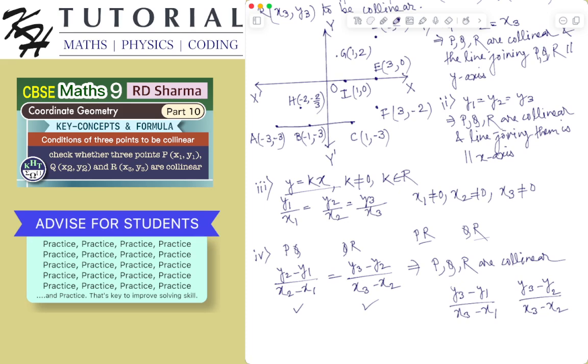If you join them, they will all lie on the same line, which will be parallel to the y-axis. So these are the 4 conditions using which you can check whether the 3 given points are collinear or not.